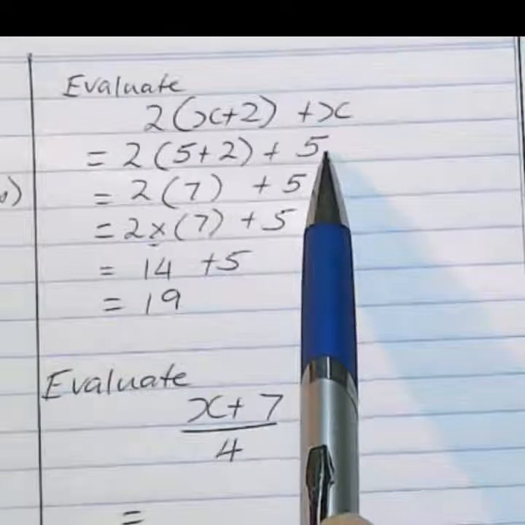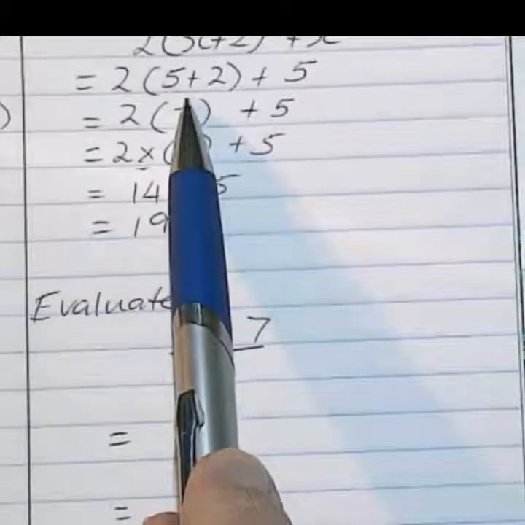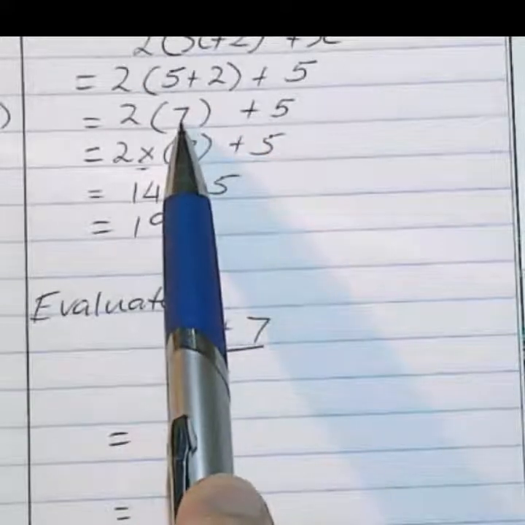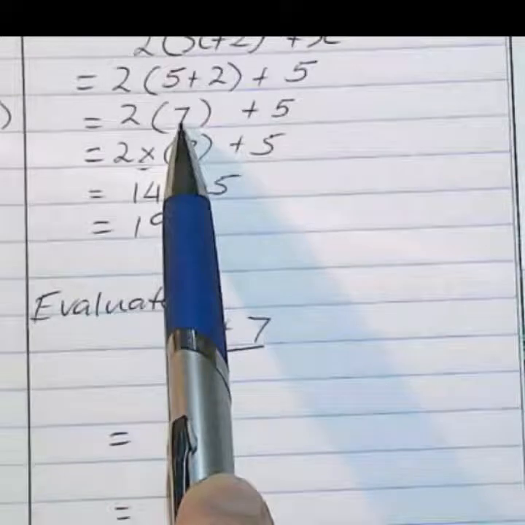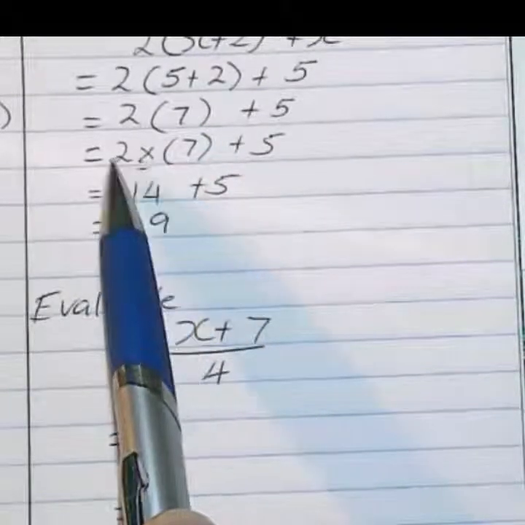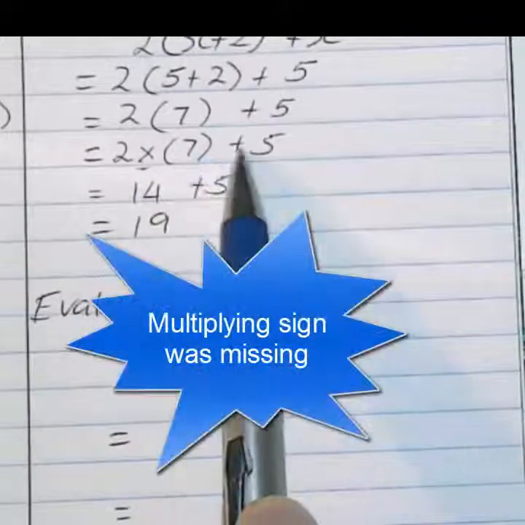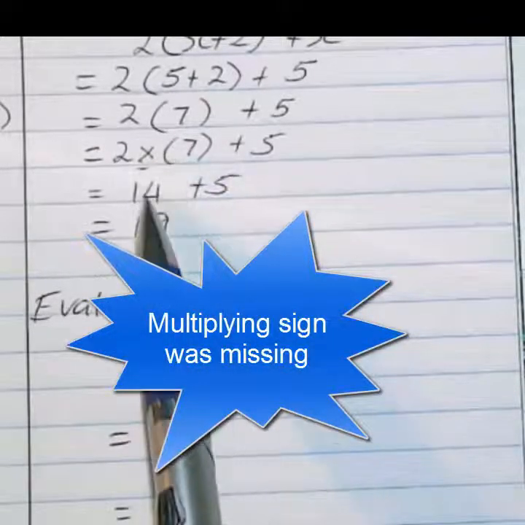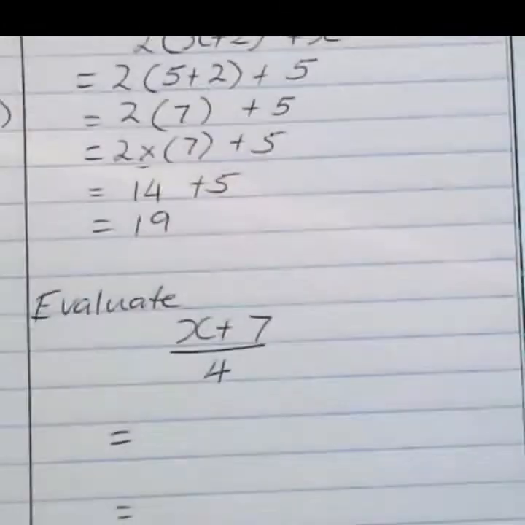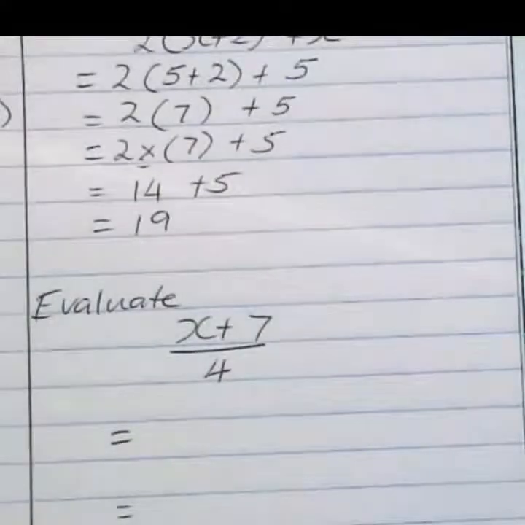My first thing I did was work out what the brackets were. That was a 7, 5 and 2 is 7, that's easy. My next line, I'm including my multiplied sign. 2 times the 7 in the brackets plus 5. 2 sevens are 14, plus the 5, I finish with 19. So I'm following my order of operations. That's nice and quick to get you going.